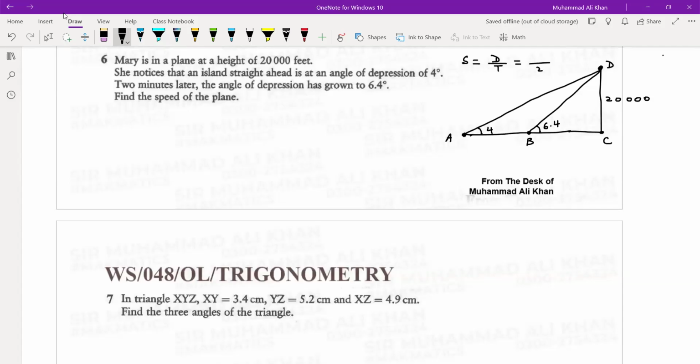Now listen. If I use the 6.4 degree angle in the right angle triangle BCD, are we able to calculate the side BC? Yes. By using tan 6.4 equals opposite over adjacent BC. What is the length BC?